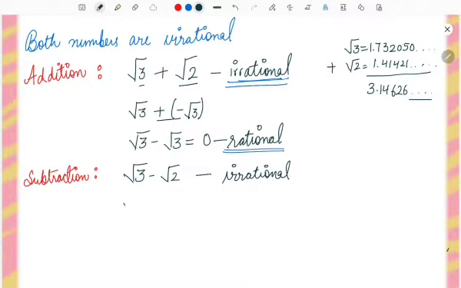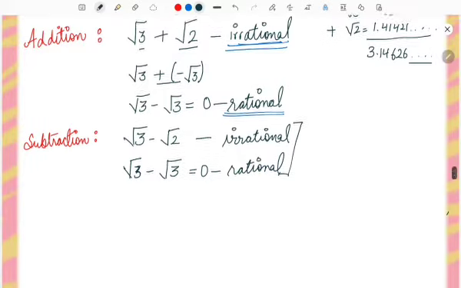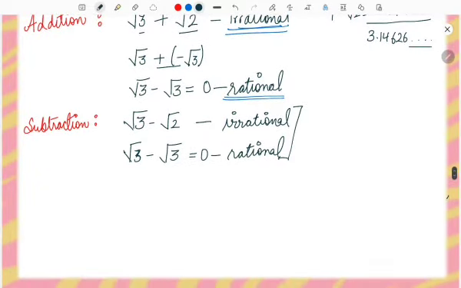But if I tell you to subtract root 3 from root 3 itself, what would be my answer? 0, which is rational. Again, both the cases are possible. The answer can be irrational as well as rational.